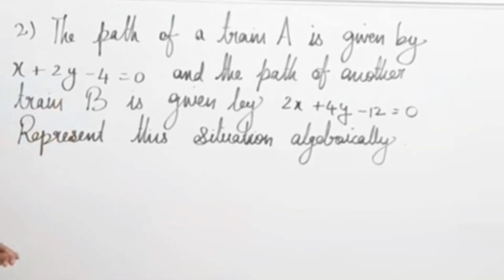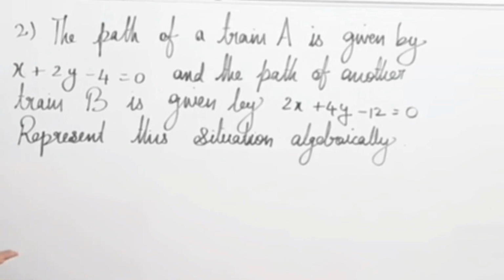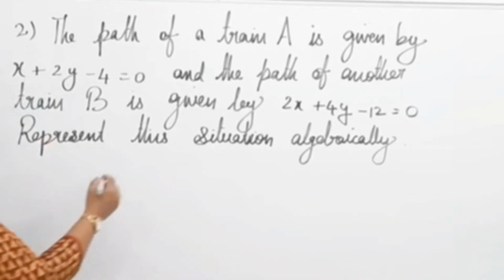It says like this: the path of train A is given by x plus 2y minus 4 and train B is 2x plus 4y minus 12 equal to 0. Represent this situation algebraically. So now let me write my equations first.